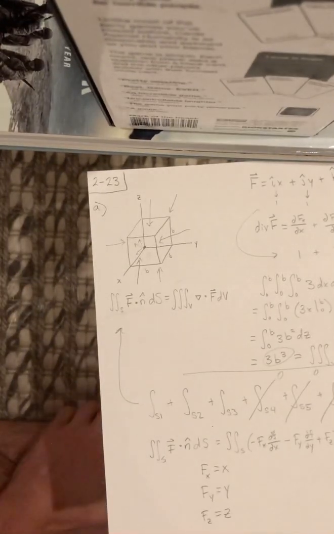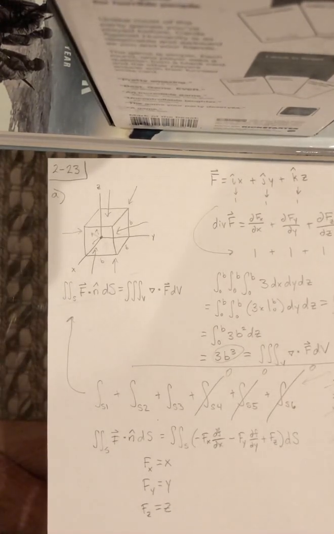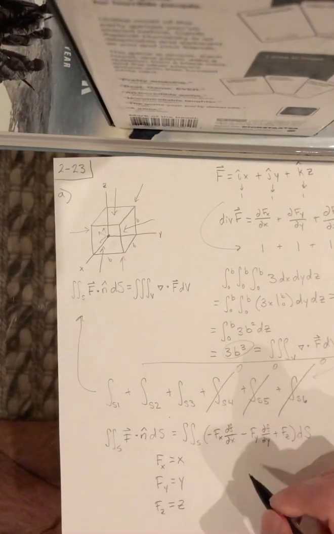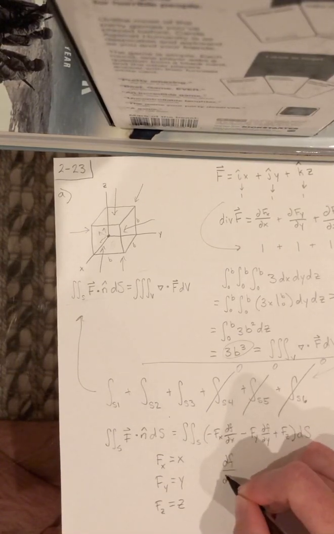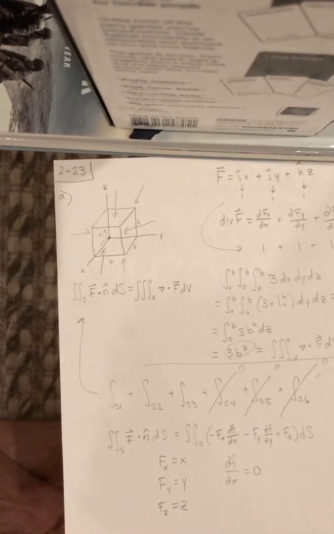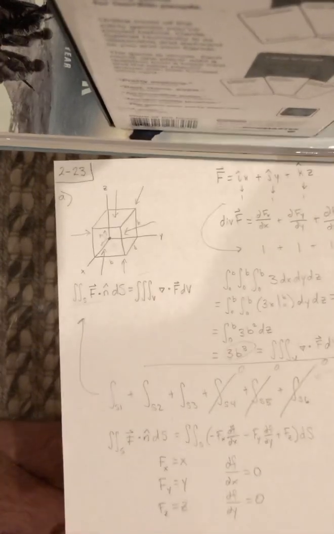So all of the values for the coordinates over here are going to be constant, so we can determine that dz/dx is going to be 0 because the derivative of a constant b is 0. And same thing with y, dz/dy equals 0.